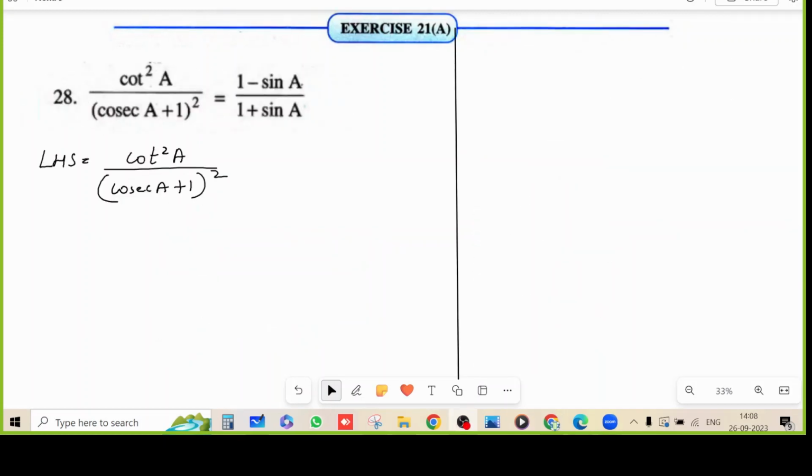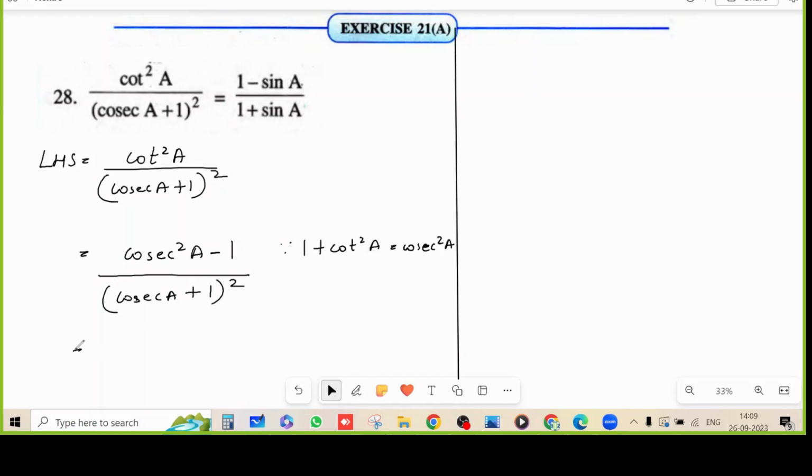The next question is 28, and the left hand side is given as cot square A divided by (cosec A plus 1) whole square. So we know that cot square A can be written in the form of cosec A as cosec square A minus 1, since by the trigonometric identity 1 plus cot square A is equal to cosec square A. That means cosec square A minus 1 is equal to cot square A, and the denominator can be written in the same form.